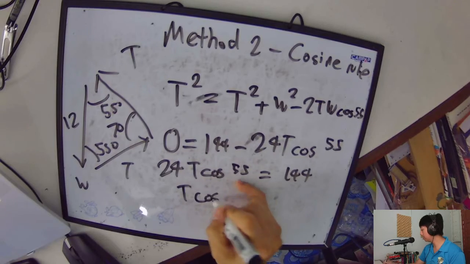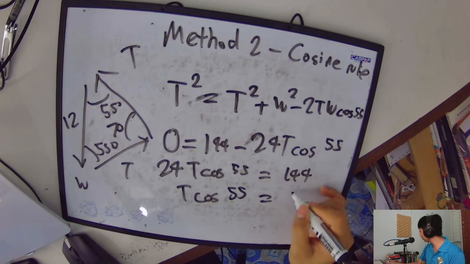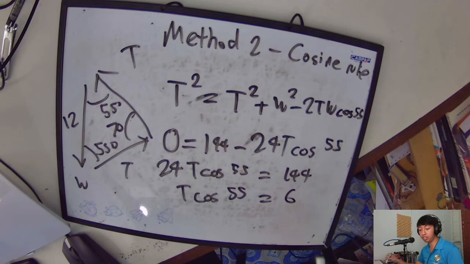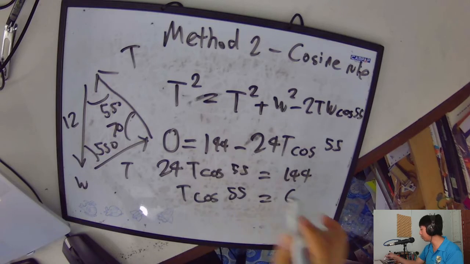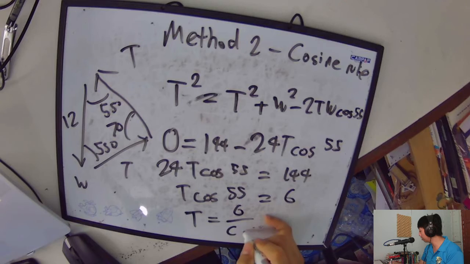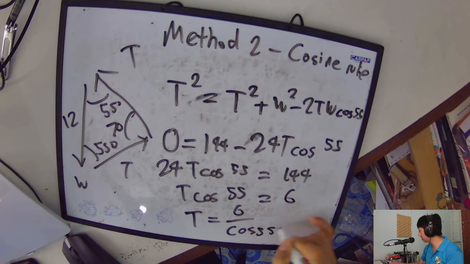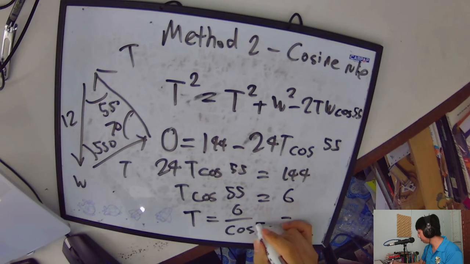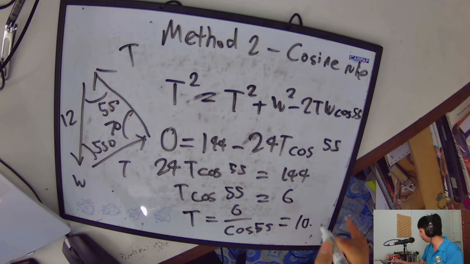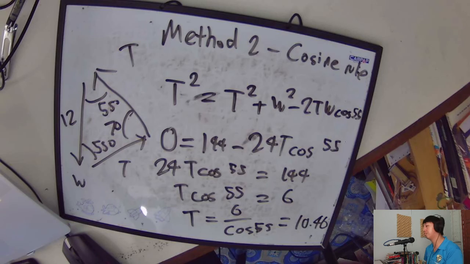T cos 55 equals 6, because 144 divided by 24 equals 6. Then T equals 6 divided by cos 55, which equals the same answer, 10.46 newtons. So that's how I did it.